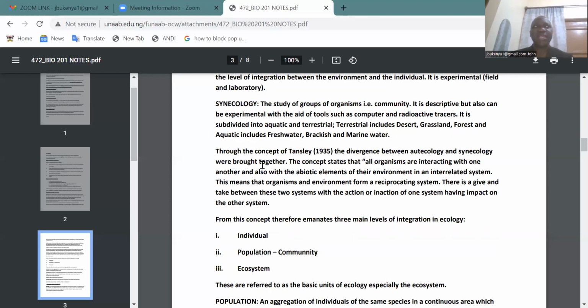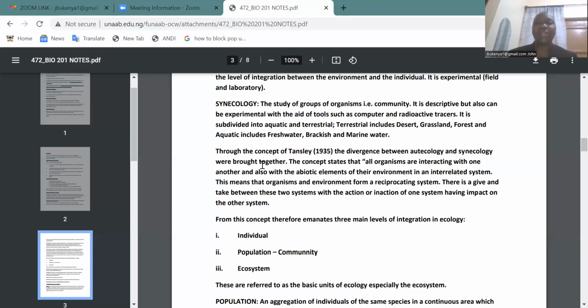I mean bringing synecology and autecology together, bringing ecological studies that focus on individual organisms and ecological studies that focus on communities. And the concept states that all organisms are interacting with one another and also with the biotic elements of the environment in an interrelated system.